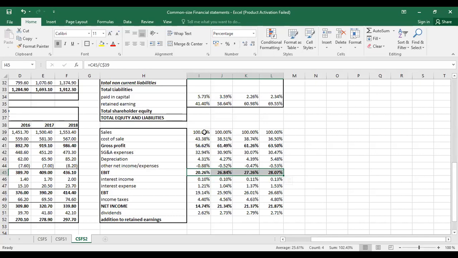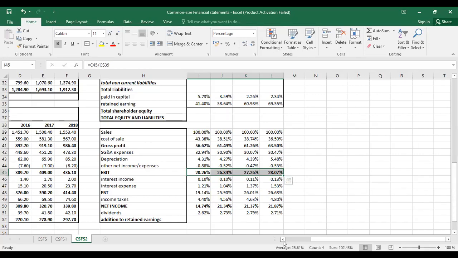For the income statement, it will be over sales, while the balance sheet will be over total assets, while the cash flow statement will be over cash flows from operating activities. It's just that way.